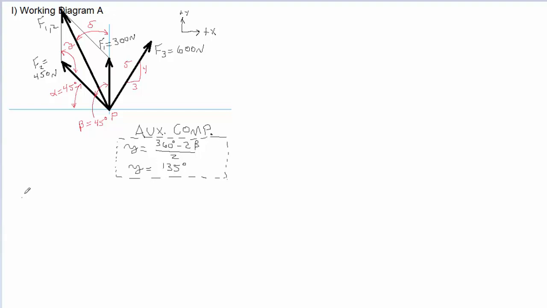I'm going to have another Roman numeral 2, solving for the magnitude of F12 using law of cosines.